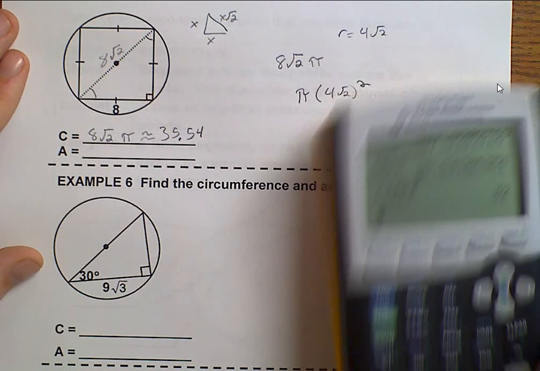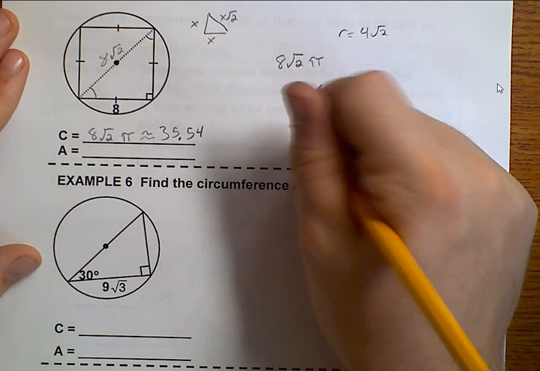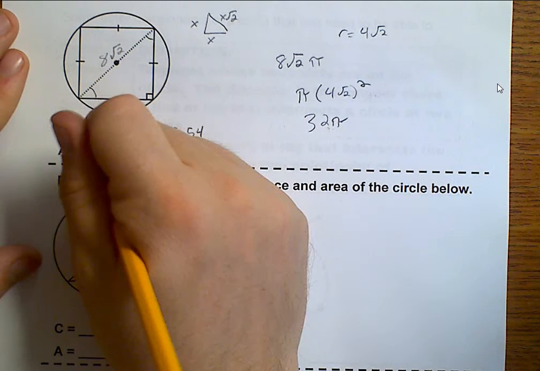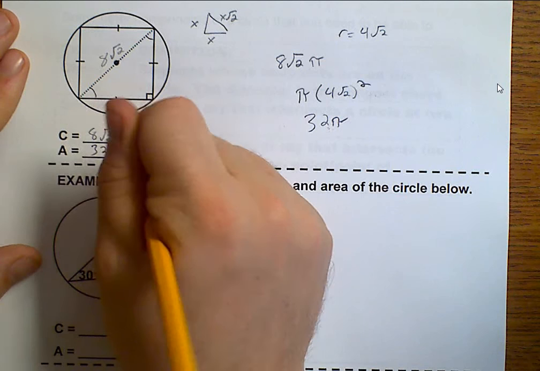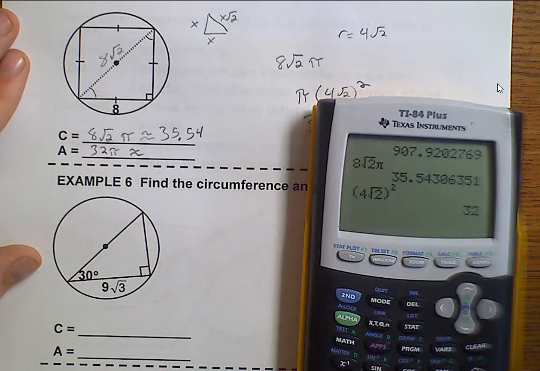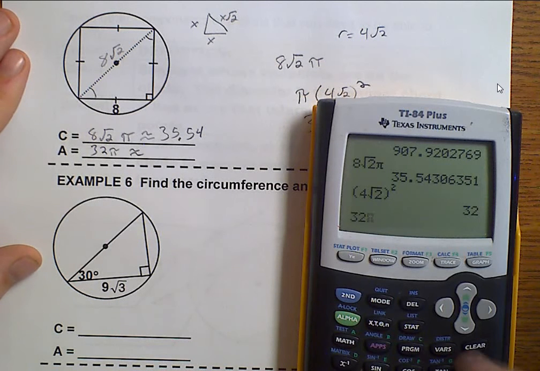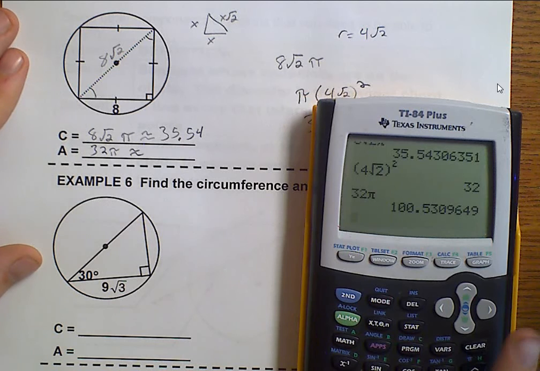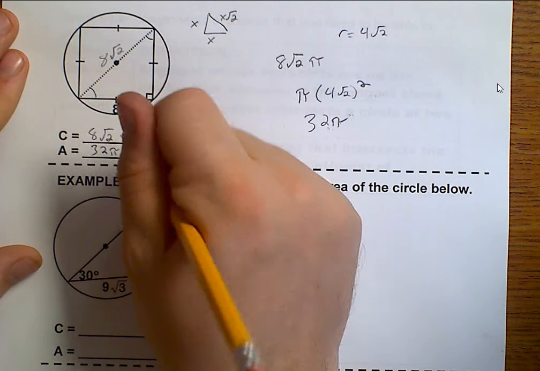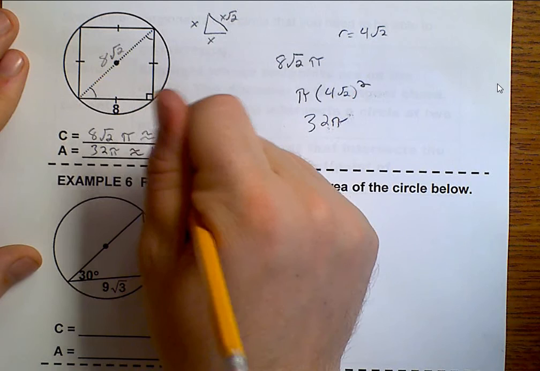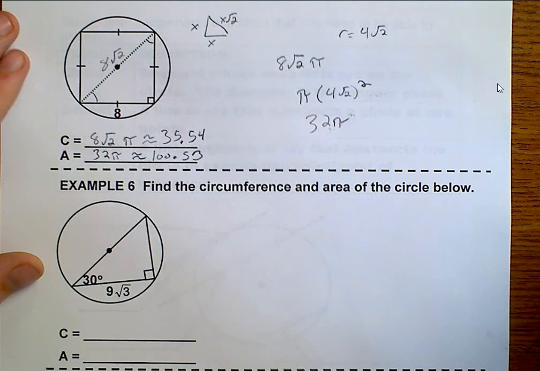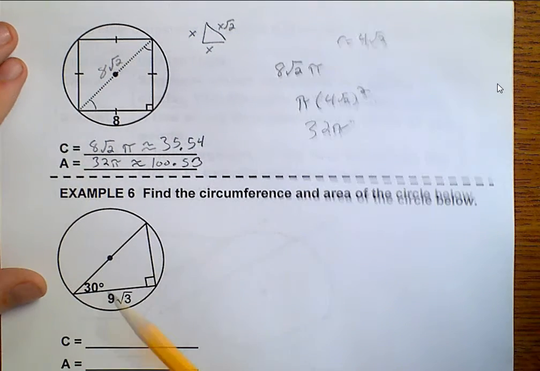So my area is 32 pi, which is roughly 100.53. And so that is example number 5.